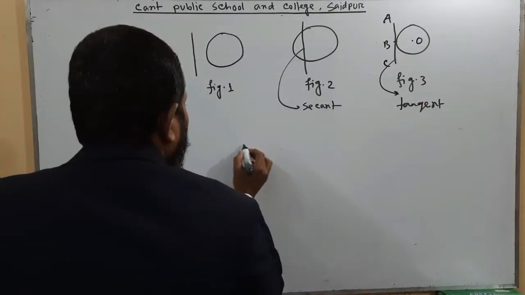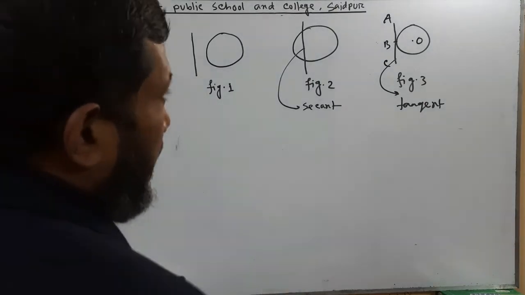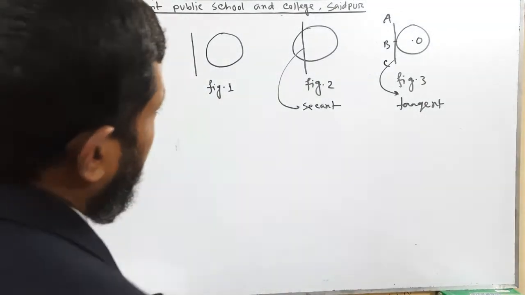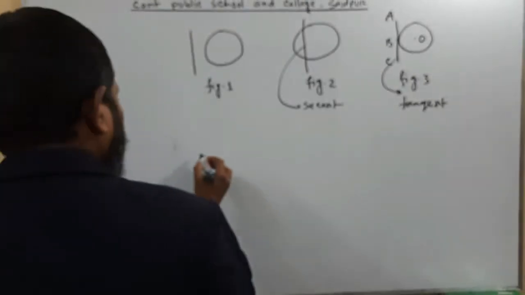If two circles have one tangent, this is the common tangent. I am drawing some figures.